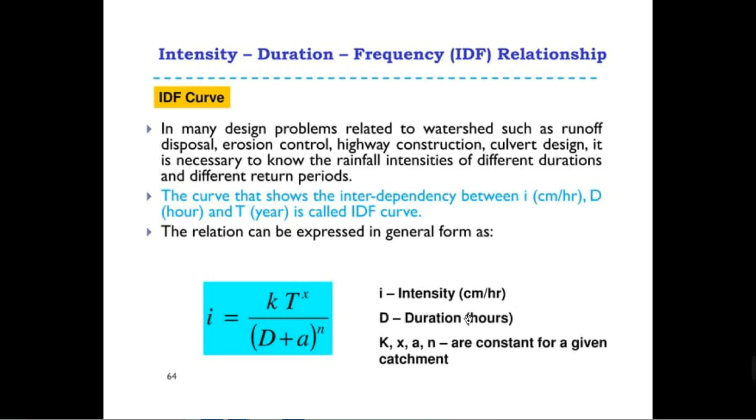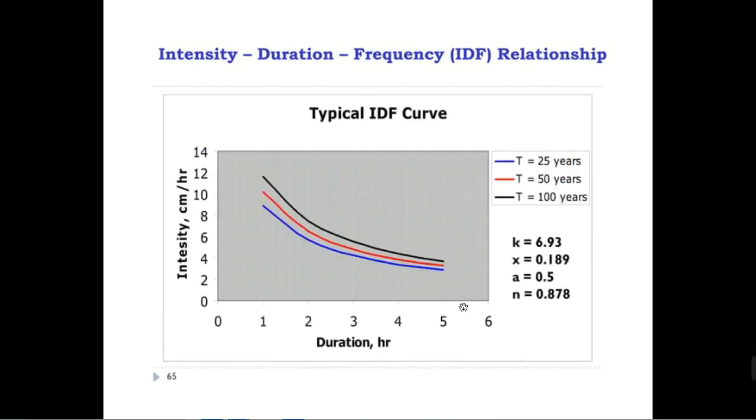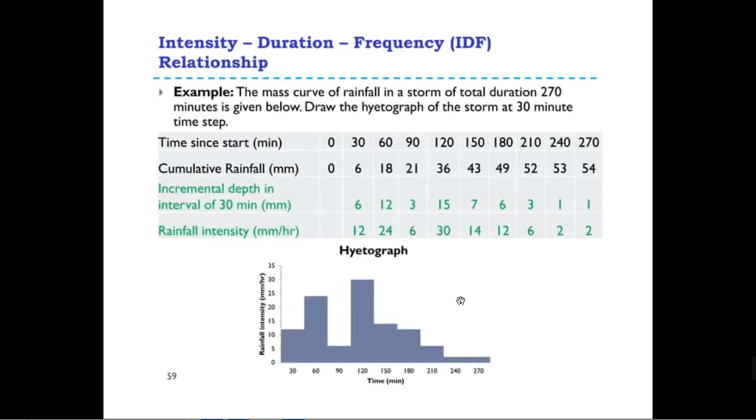I is the intensity per hour, K is a constant given for the catchment, and the duration is in hours. A typical IDF curve shows intensity in centimeters per hour against duration in hours. Right, this is the intensity.